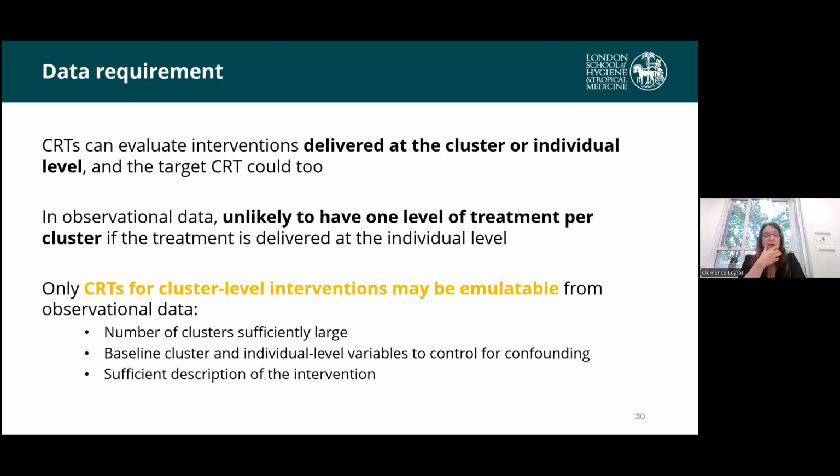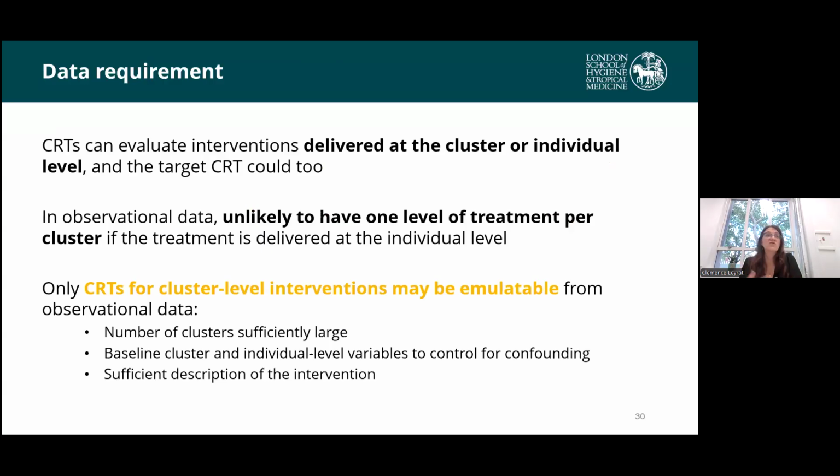We also have some specific data requirements. As I said, cluster randomized trials can evaluate interventions that are delivered at the cluster level or at the individual level. So it means that the target trial could do both. However, when we work with observational data, it's very unlikely to have one level of treatment only per cluster if the treatment is something that can be delivered at the individual level.